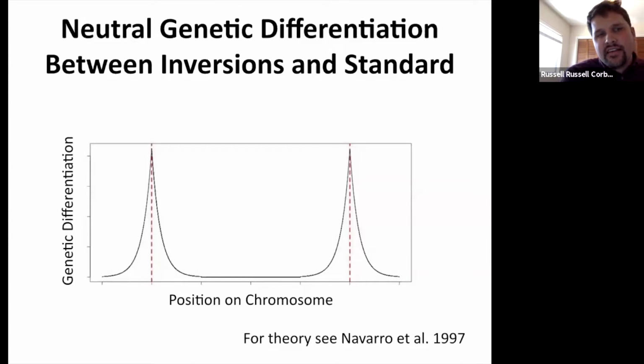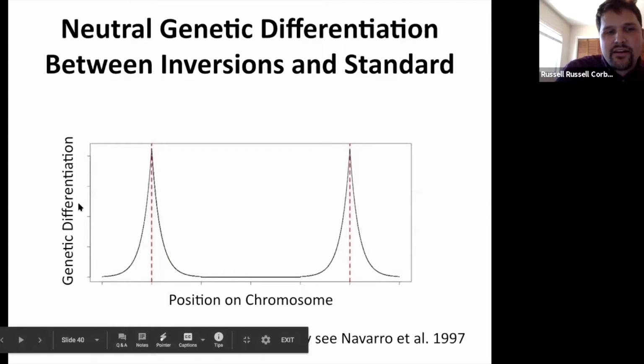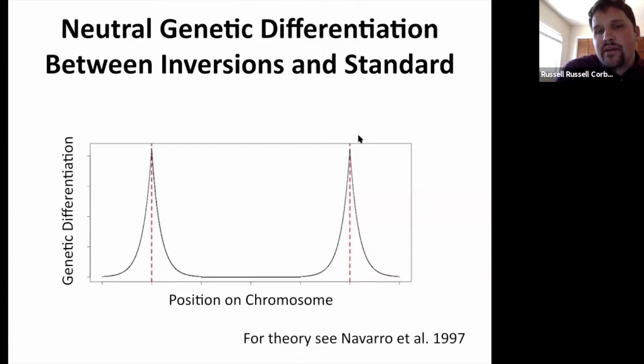So the idea is that if you had an arrangement, and so now let's imagine we're comparing genetic differentiation between an inverted and standard chromosome in a population, where again, the breakpoints are these dashed vertical lines. What you'll see is that genetic differentiation is at its highest right around those breakpoint regions.